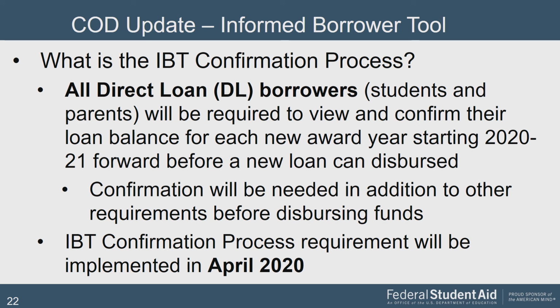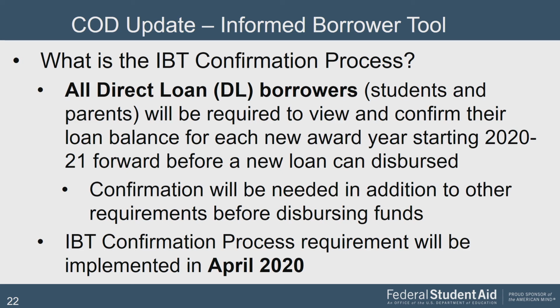This confirmation is going to be needed in addition to any other requirements before disbursing funds. If your institution requires that a student goes and accepts their award online, if it's a loan, generally that's what you're doing. And if it's a new loan, they're going to need to do their entrance counseling and do the MPN and also do the Informed Borrower Tool.